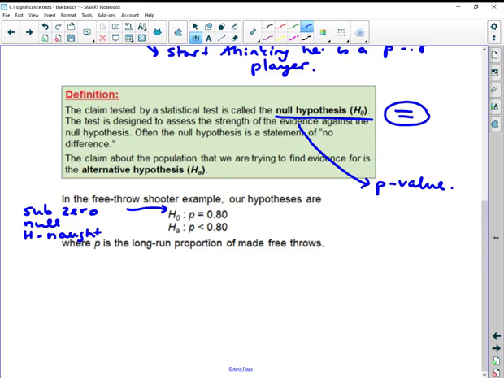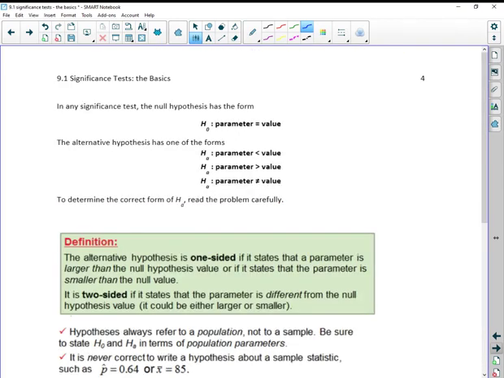And then we're comparing it to him being below. We're looking for evidence of that. In any significance test, the null hypothesis always has the statement of equality in it. And so we're always going to use that statement right there.